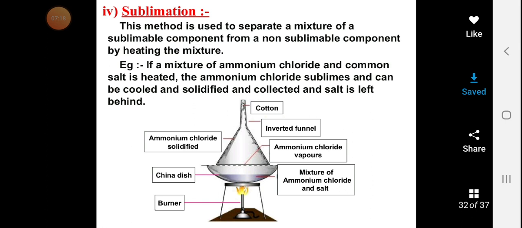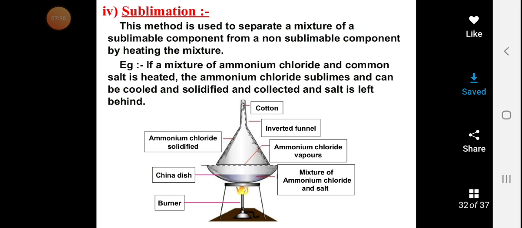For example, if a mixture of ammonium chloride, NH4Cl, and common salt is heated, ammonium chloride is sublimable, whereas common salt, NaCl, is non-sublimable. So the ammonium chloride sublimates and can be cooled, solidified and collected, and the salt is left behind.